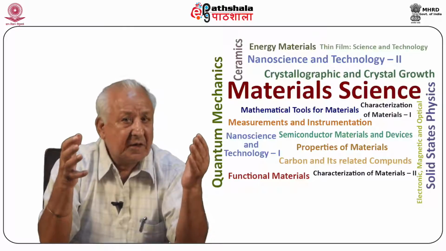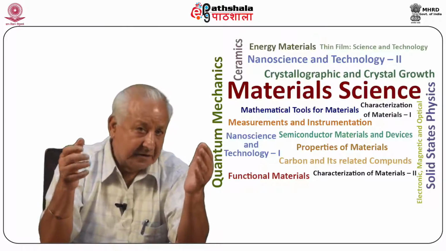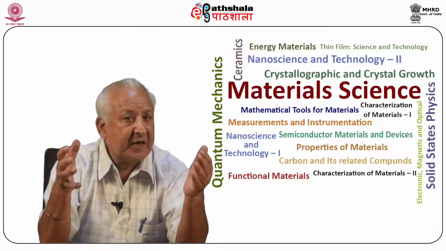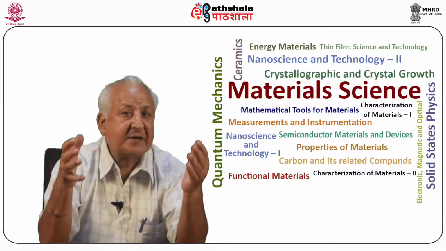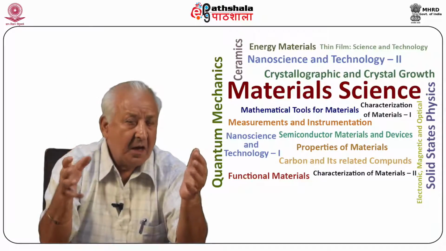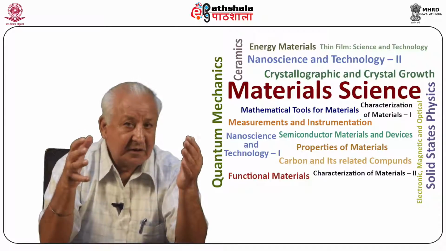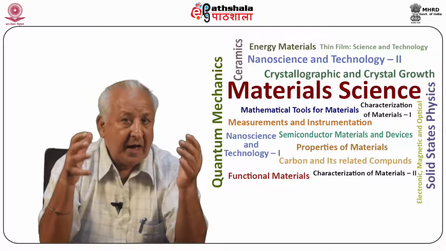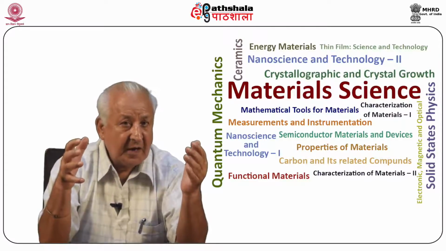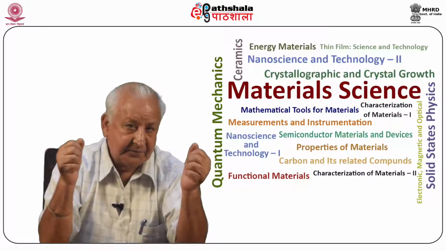There are several different kinds of color centers, and the simplest one is called the F center. An F center is a defect in crystals where an electron is trapped at a negative ion vacancy.